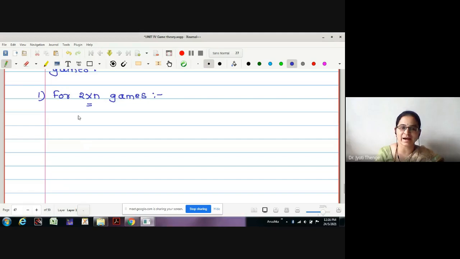If the order of a matrix is 2 by n, what does it mean? What about the entries of the matrix?